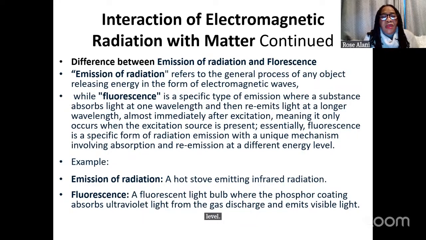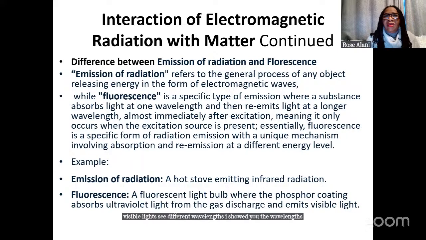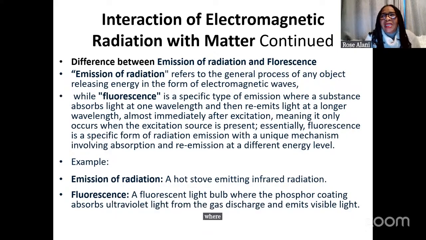I showed you examples here of emission: a hot stove emitting infrared radiation, and fluorescence, a light bulb where the phosphor coating absorbs ultraviolet light from the gas discharge and then emits visible light. See the different wavelengths. I showed you the wavelengths when we started, where we have the ultraviolet light and where we have the visible.